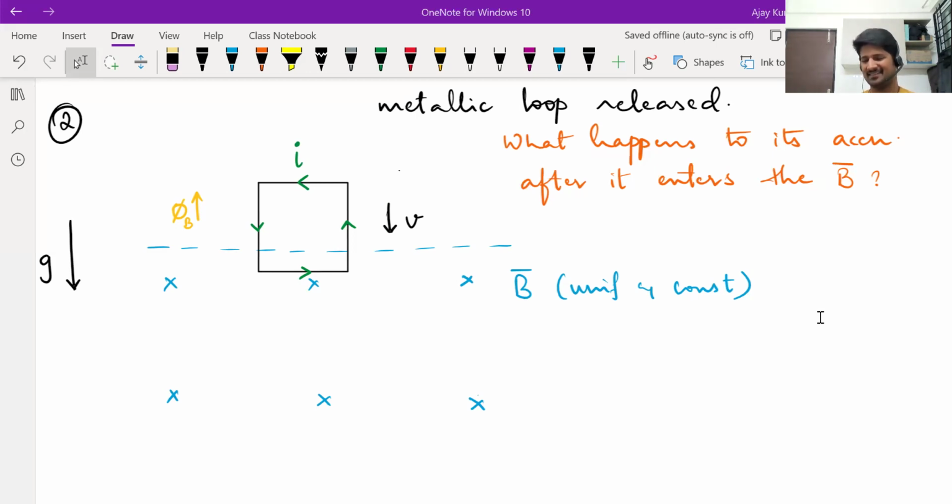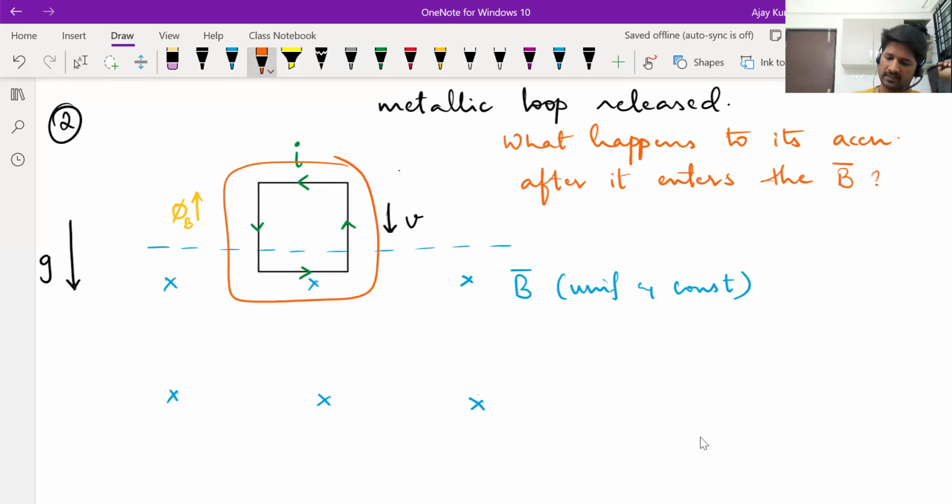Okay, I mean, you misunderstood the idea. Listen, all of you. We had learned that the net magnetic force on a closed current carrying loop in a uniform magnetic field is zero. Now, this loop is not in a uniform magnetic field yet. As it enters into the magnetic field, the entire loop is not in uniform magnetic field.